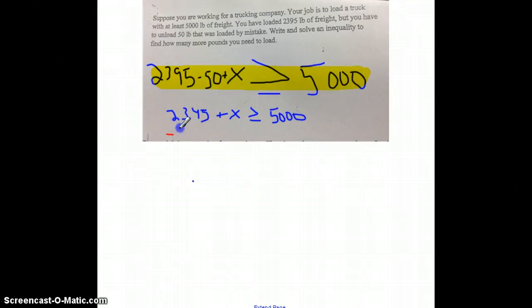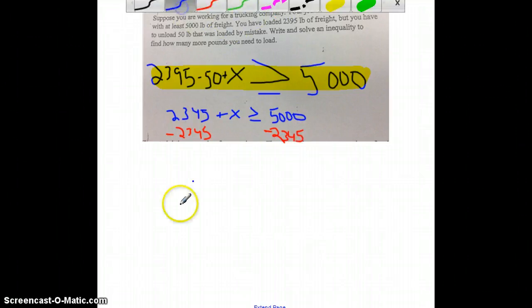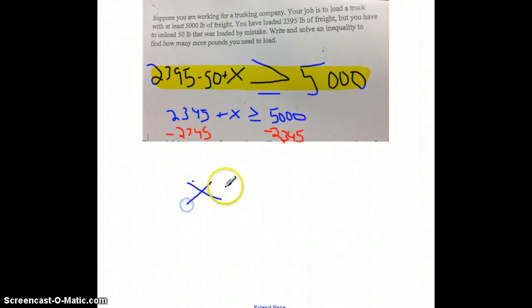Whatever you do to one side, you have to do to the other. Once we do that, x remains on the left side, greater than or equal to, and if we subtract here, we should get 2,655.